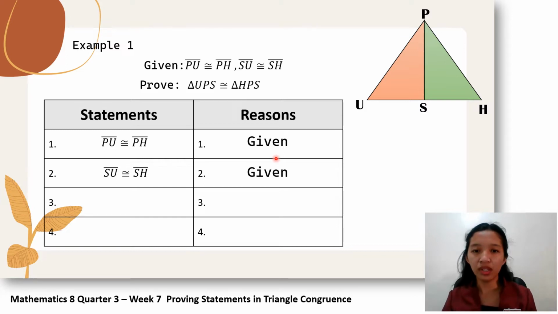Let's put markings on the figure so that we are guided. Put one mark here as a sign that these two sides are congruent. And also, let's put two markings on SU and two markings on SH. Now that we put markings and already identified the given, let's remember what we need to prove.